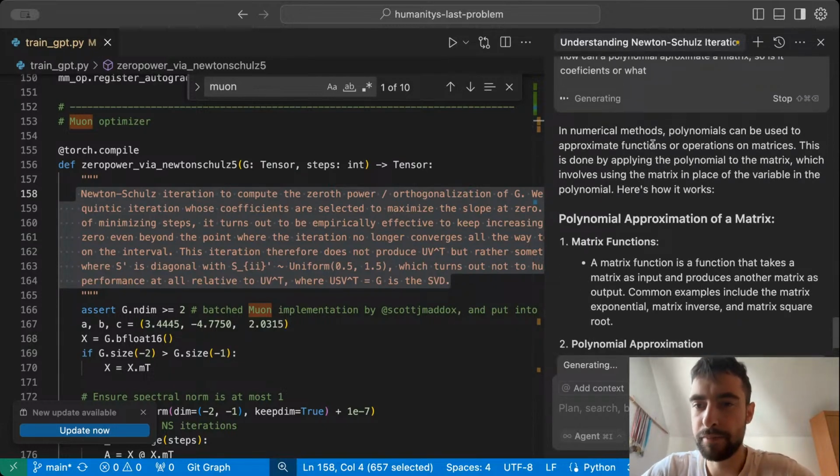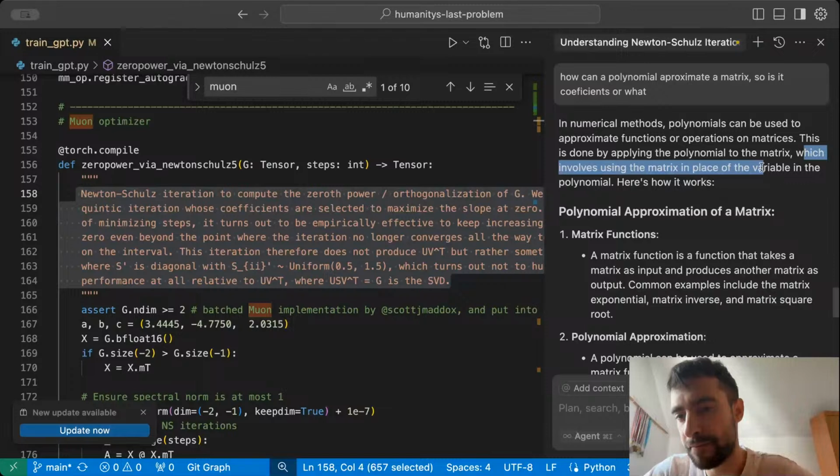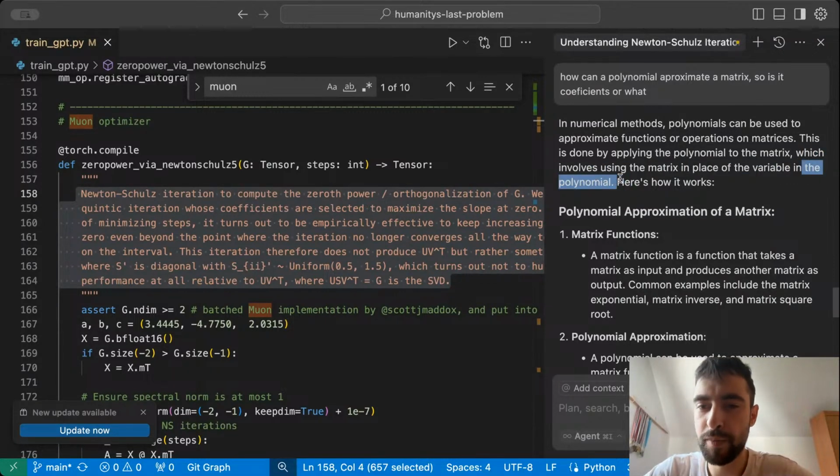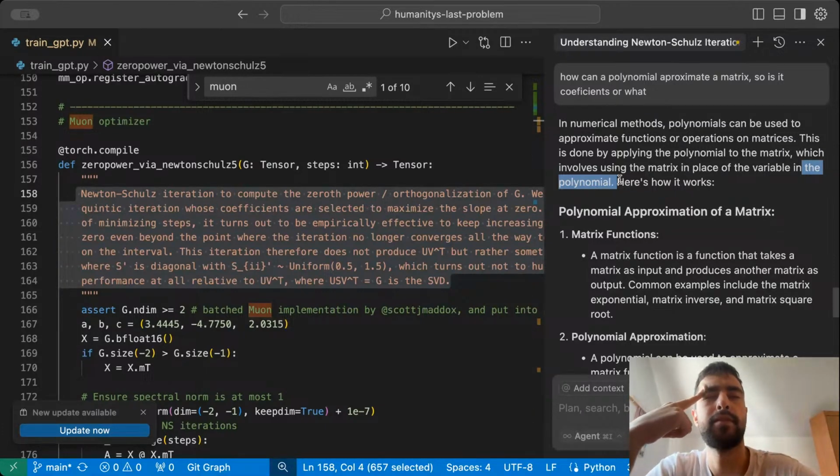In numerical methods, polynomials can be used to approximate functions or operations on matrices. This is done by applying the polynomial to the matrix, which involves using the matrix in place of the variable in the polynomial. Using a matrix instead of the x in the polynomial. Okay.